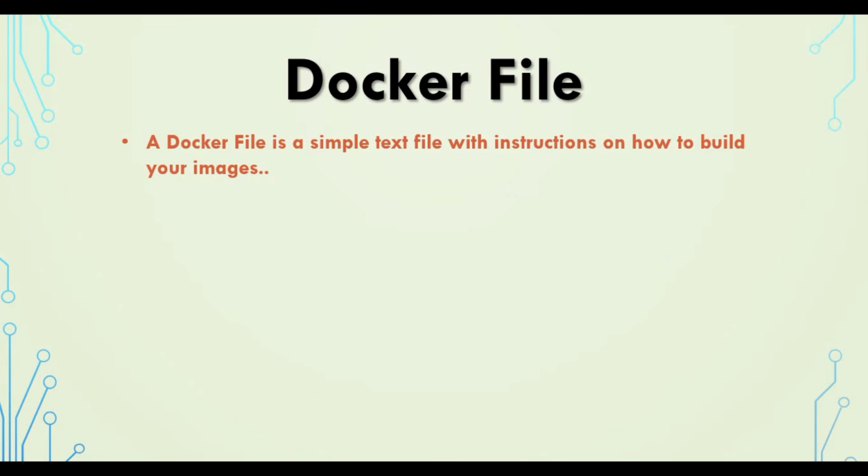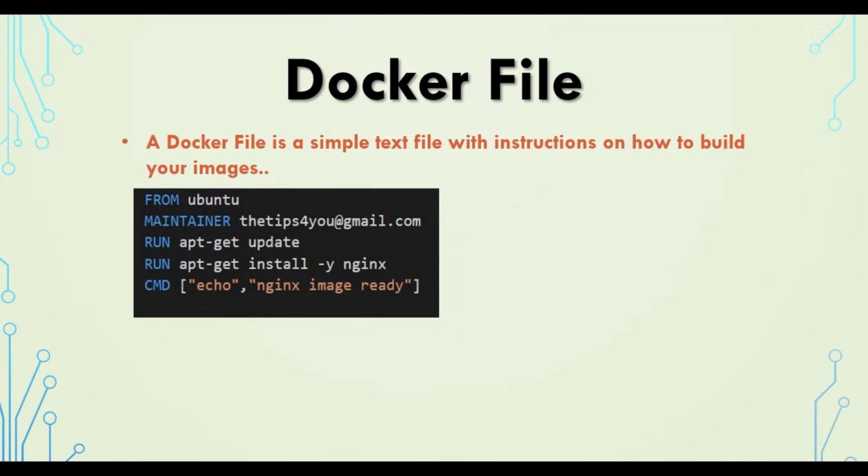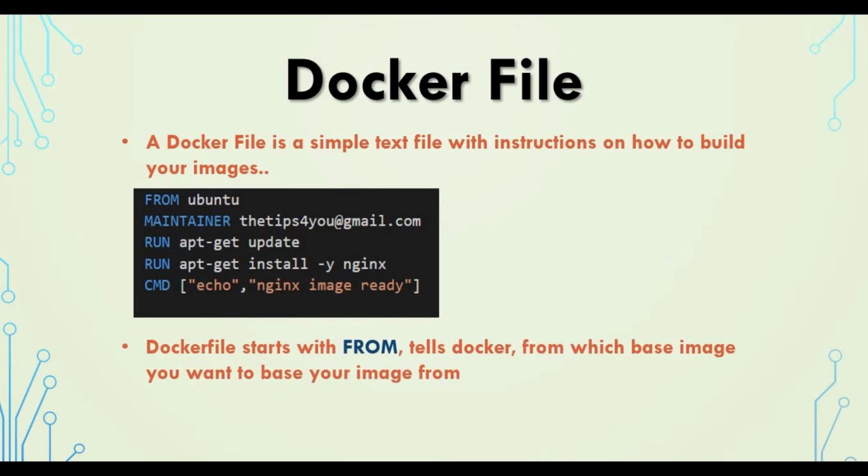We'll see how this image is created, and also what instructions we can give in a Dockerfile, in our demo. This is a sample Dockerfile where I have shown how we can create a simple image using the Ubuntu image, giving some commands onto that Ubuntu, installing nginx, and running an echo command at the end of the process. We'll see all those things in the demo, but I just want to show you a sample Dockerfile.